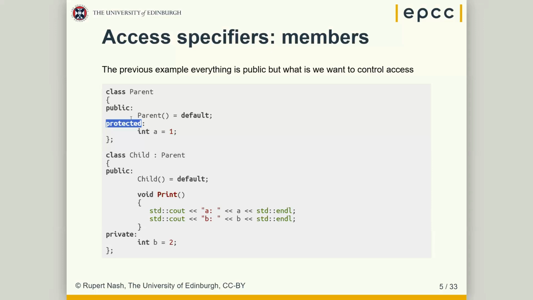So the default is private for classes and public for structs, and we're talking about there being no access specifier here when we do inheritance. If it defaulted to the default for classes, it would make some sense. But then what it means is that if you do inheritance, you lock everything down very tightly, and you don't get any of the benefits of inheritance necessarily. So I think public is probably more likely.